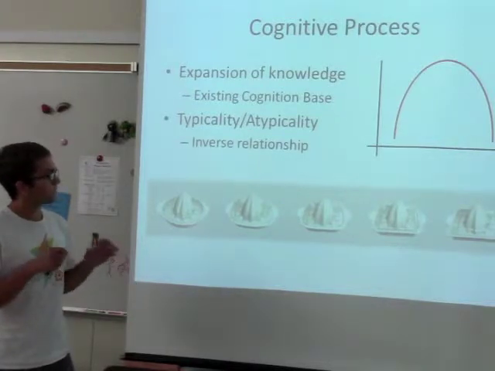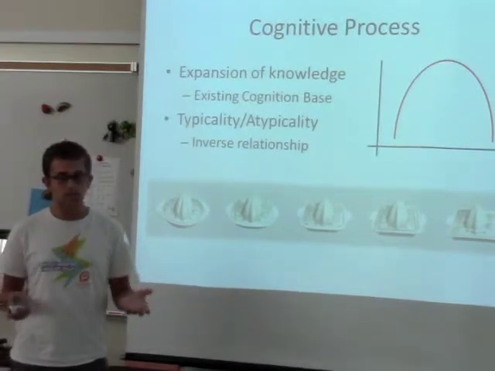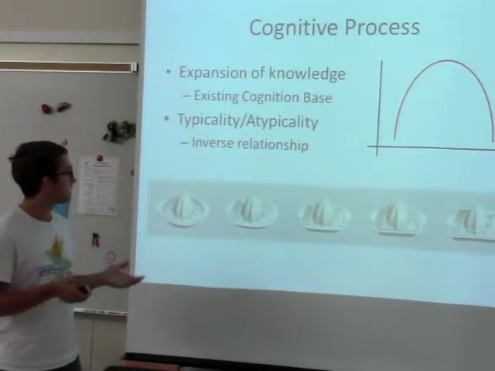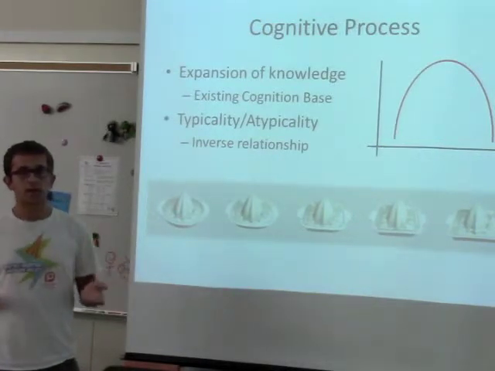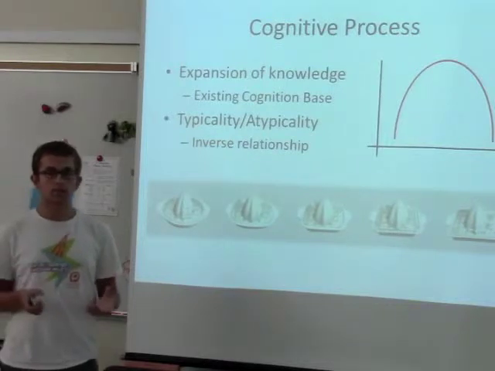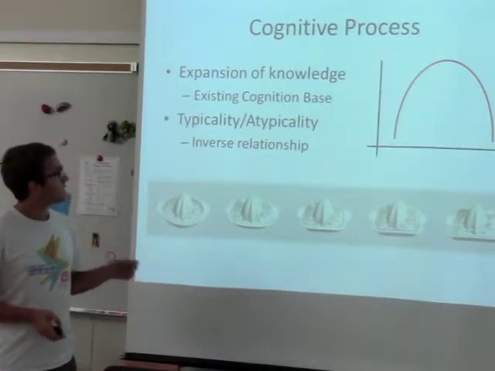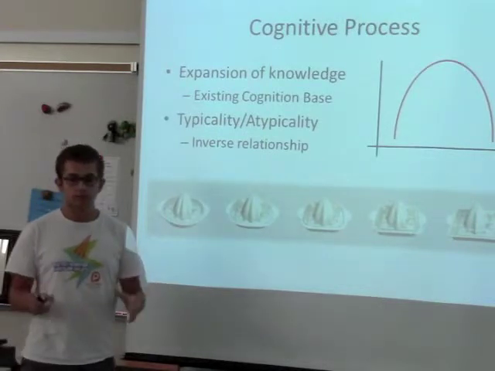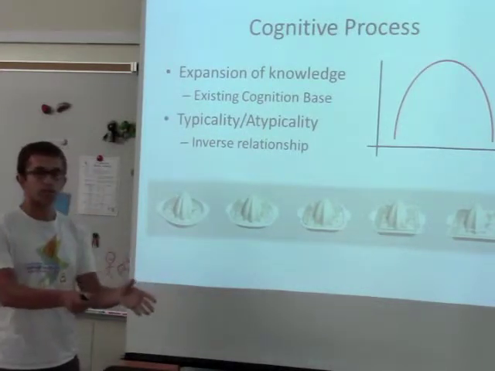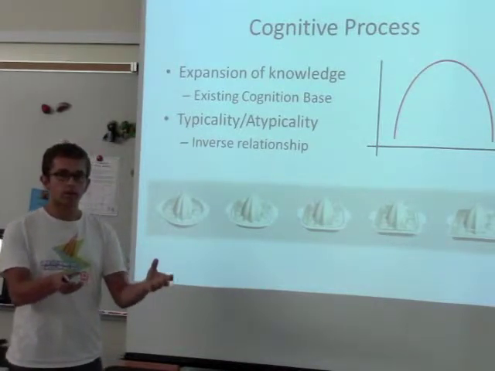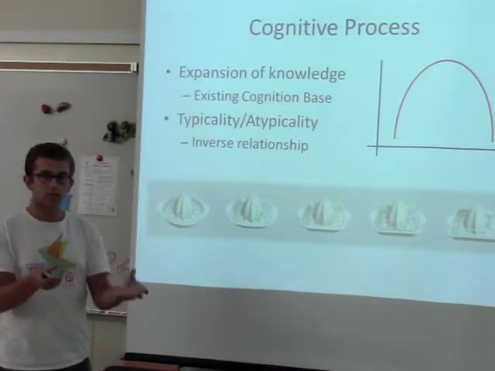And so when designing an object, industrial designers, as they're called, talk about the typicality of it. And that's how much it looks like other items of its type. And so you start with your existing cognition base, and when you look at something, you say, oh, I see how that's related to what I know. So I can see where it matches and where it doesn't.